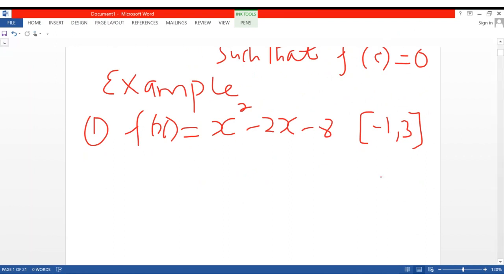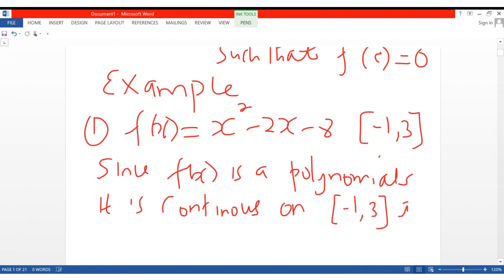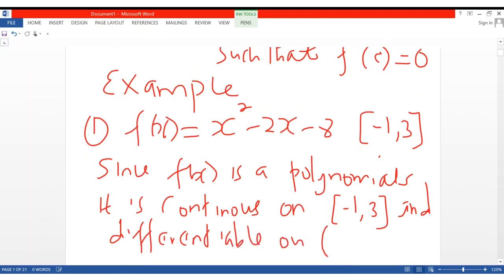So the first thing I'm able to say is, since f of x is a polynomial, all polynomials are continuous on the closed interval -1, 3, and differentiable in the open interval -1, 3.